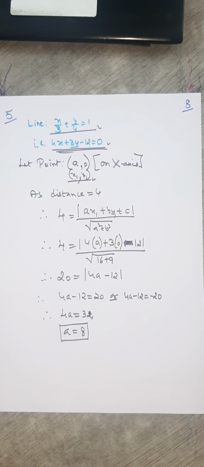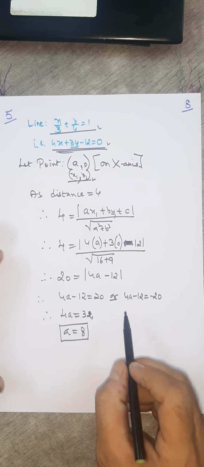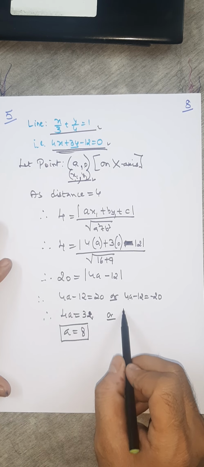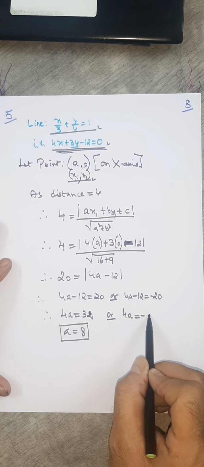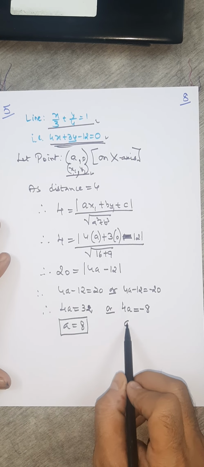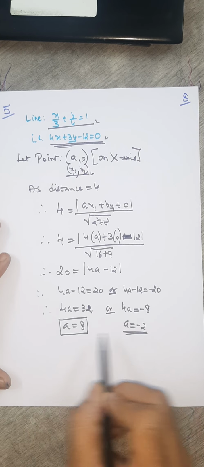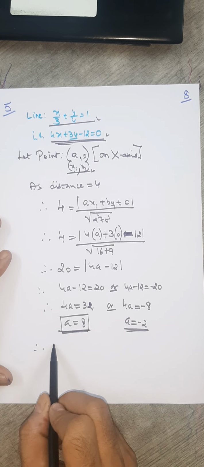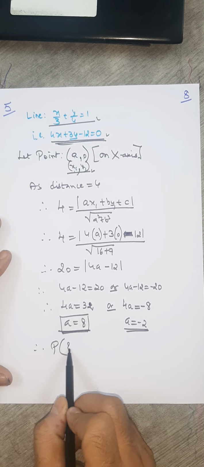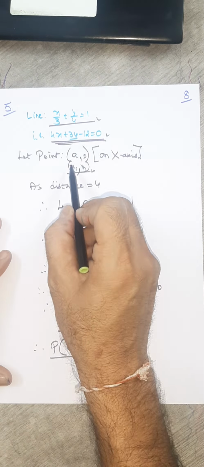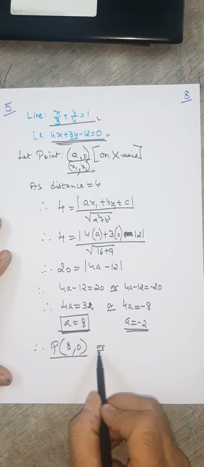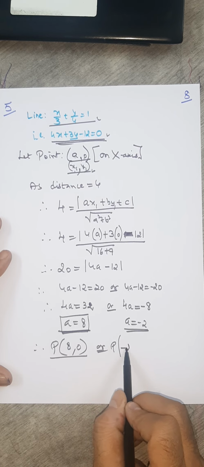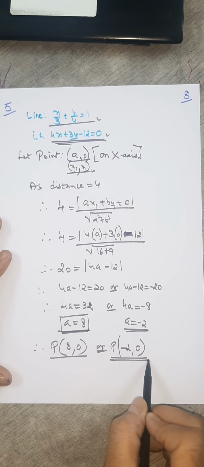One possibility is a equals 8. And similarly, if you simplify there, the other possibility: 4a equals how much? Minus 8. So a is minus 2. You don't want a, you want the point. So therefore 8 comma 0 you are placing here, or the other possibility for the point is minus 2 comma 0.